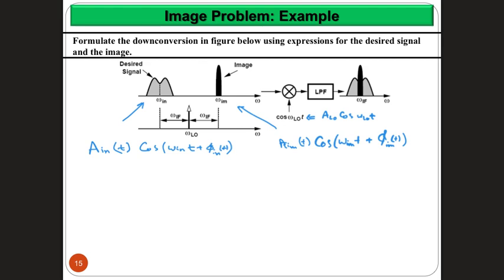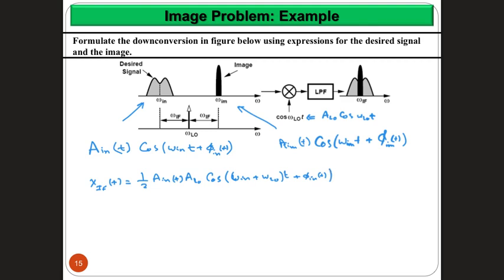So the end result is that the X IF signal is equal to half the input signal amplitude multiplied by the amplitude of the local oscillator multiplied by cosine of omega in plus omega local oscillator, multiplied by t, both frequencies added together, plus the phase that we have in our desired signal.